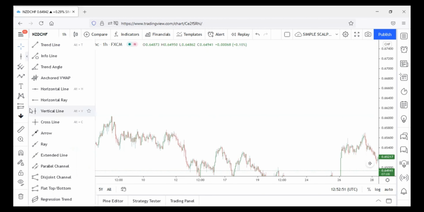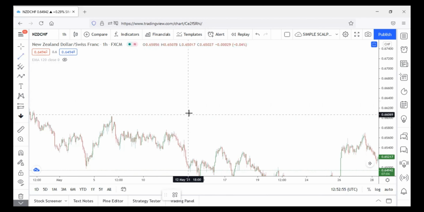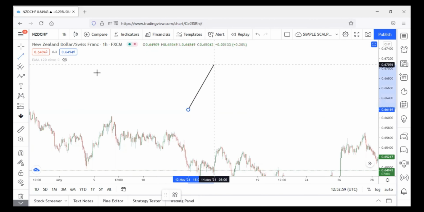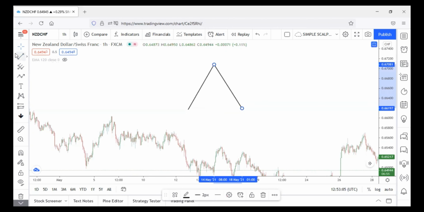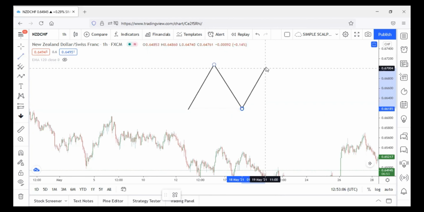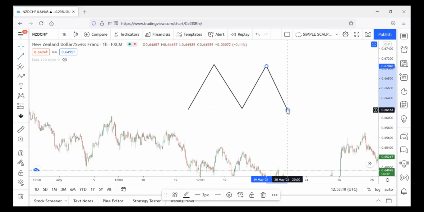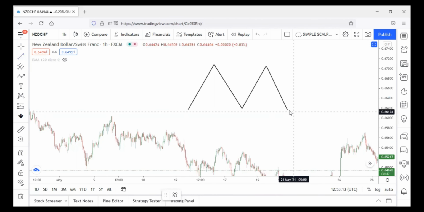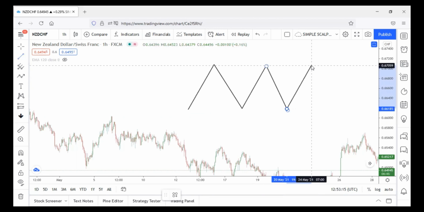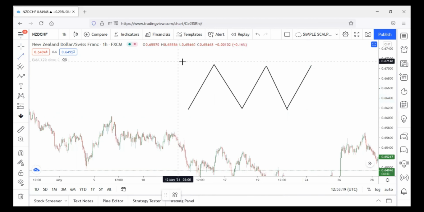So let's quickly run a brief explanation on how support and resistance works for those who are watching this for the first time. In the case of support and resistance, you want to be able to see a move up and another push down, then a push up, then a push down. You want to connect at least a minimum of two areas together before you can consider the area as a support or resistance.